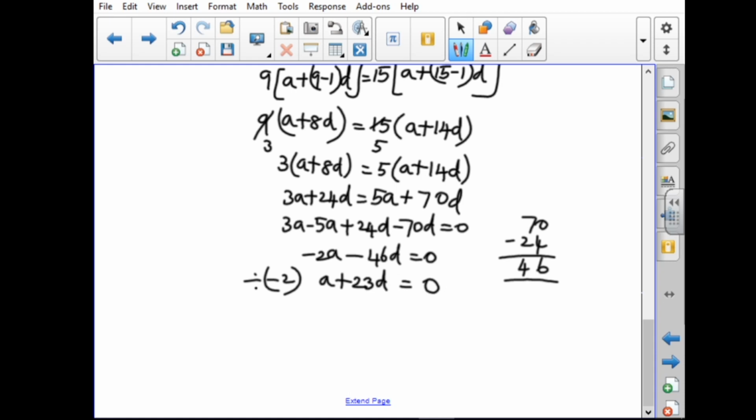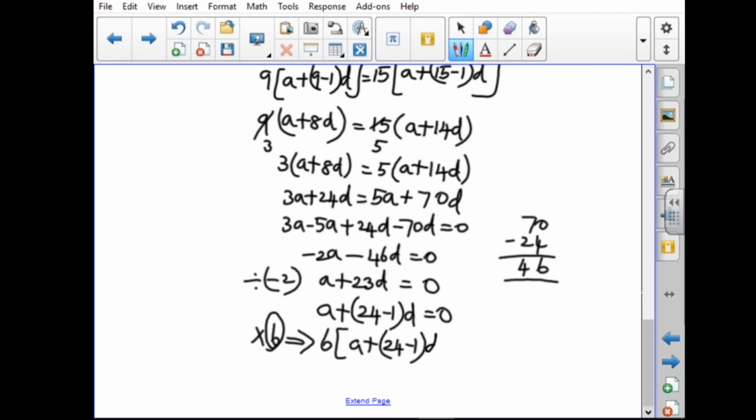That is equal to A plus 24 minus 1 into D equal to 0. Here I cancel in the 3 table, here I cancel in the 2 table. So on both sides I multiply by 6. Multiply by 6 implies 6 into A plus 24 minus 1 into D equal to 6 into 0.